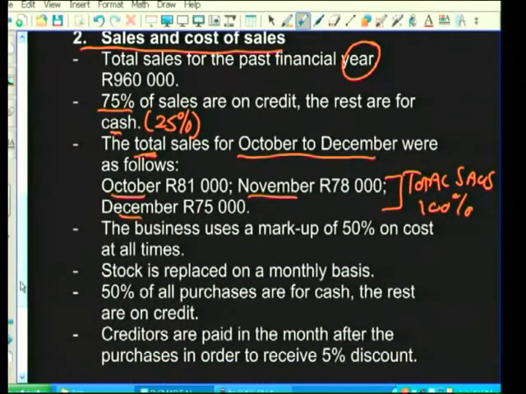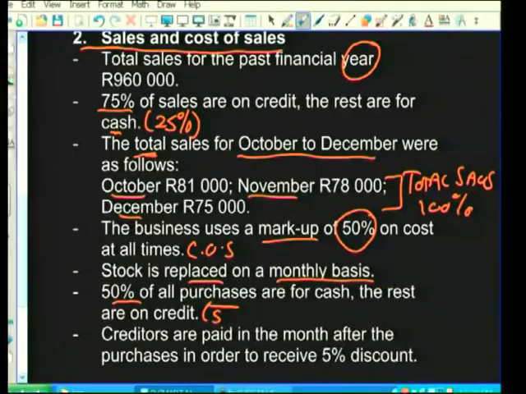Next bit of information, the business uses a markup of 50% on cost at all times. So if I'm going to calculate my cost of sales, there's my markup, 50%. Stock is replaced on a monthly basis. So obviously, there's no opening stock, there's no closing stock here. 50% of all purchases are for cash, and the rest are on credit.